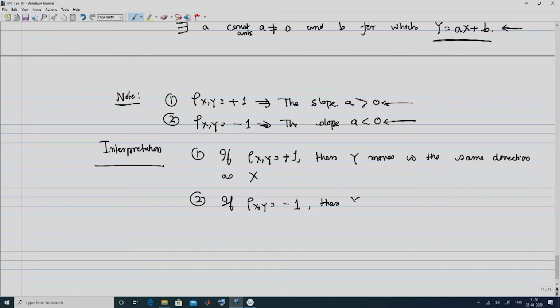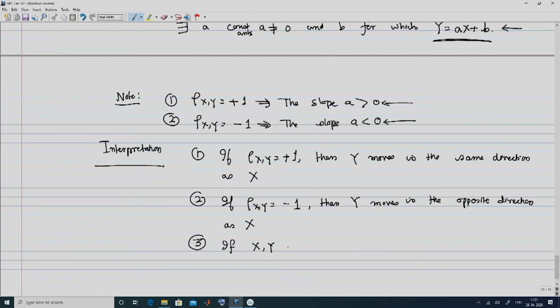So, then Y moves in the opposite direction as X.